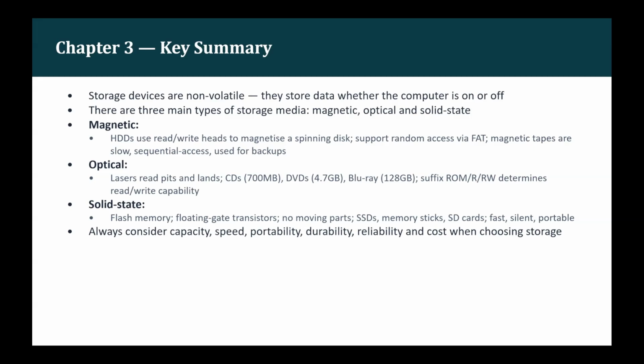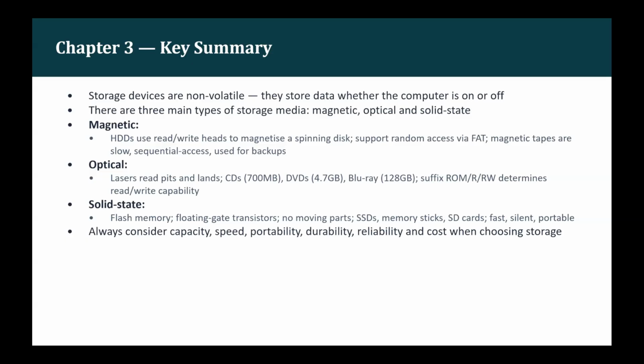Magnetic tapes are slow, sequential access, used for backups. Optical uses lasers to read pits and lands. CDs can hold 700 MB, DVDs 4.7 GB, Blu-ray discs 128 GB.